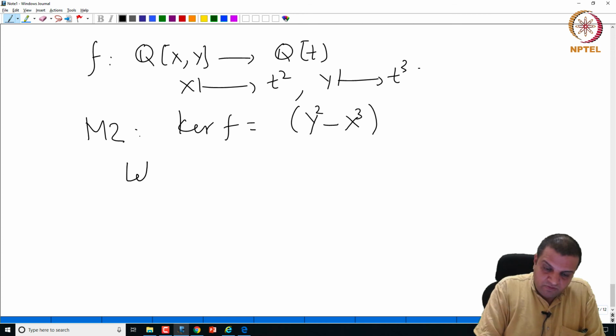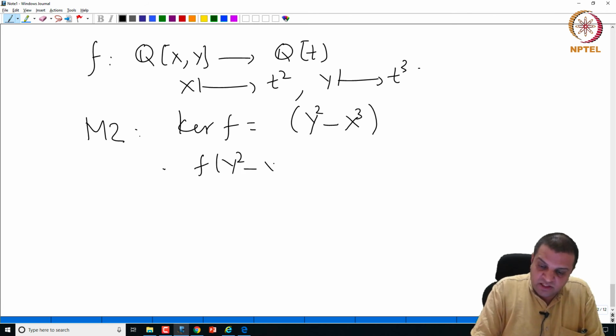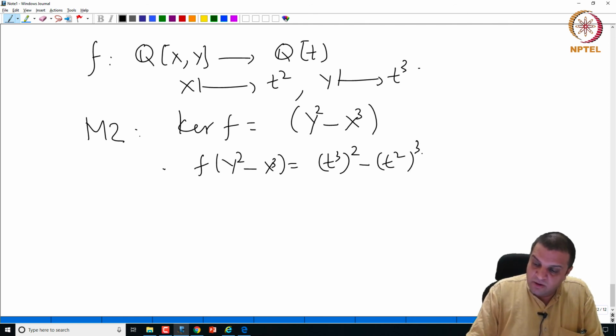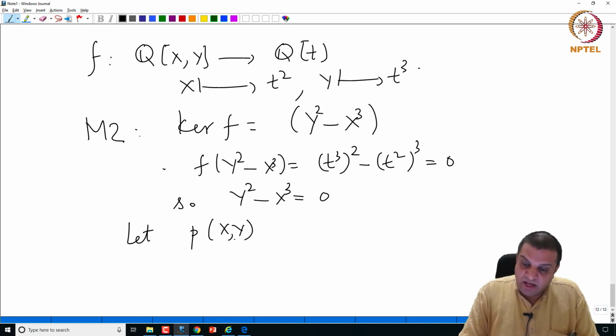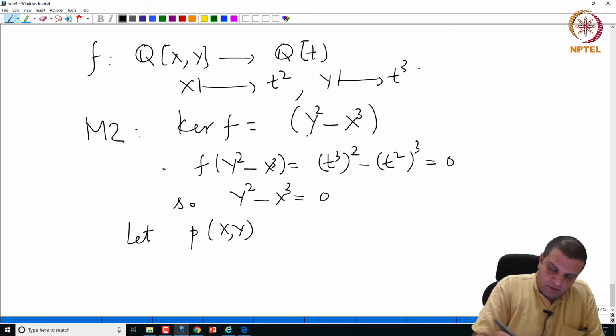So first of all, now try to prove this by hand. We know that f of y square minus x cube is t cube square minus t square cube. This is 0. So y square minus x cube is 0.